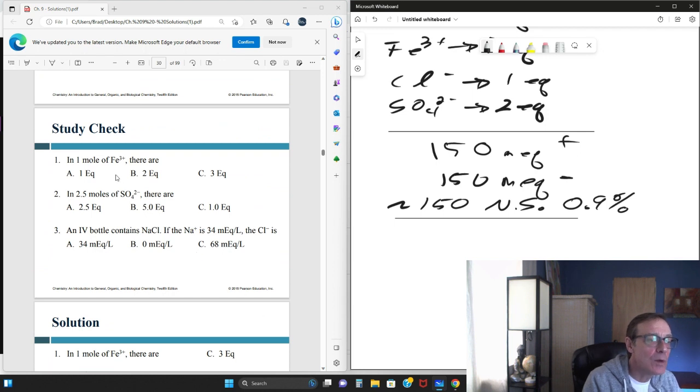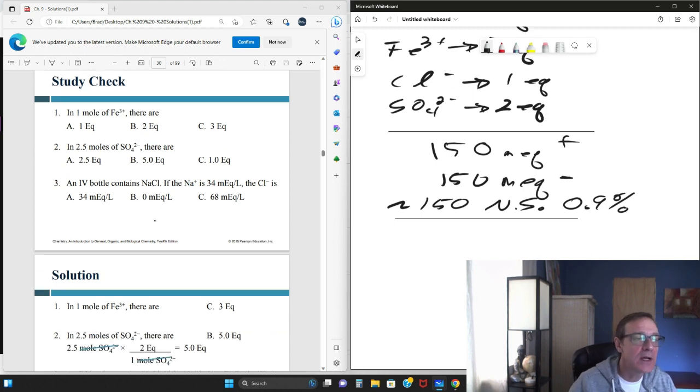So to reiterate, in 1 mole of iron with a 3+ charge, 1 mole will give you 3 equivalents, right? Because you get 3 for every atom of iron. You won't have 1 equivalent for 1 mole. You will have 3 equivalents, 3 positive charges. In 2.5 moles of sulfate, how many equivalents would you have?